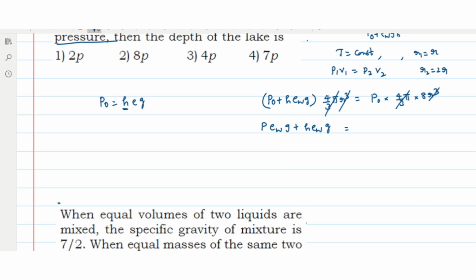Again substitute the atmospheric pressure as P centimeters of height, P into density of the water into g, into 8. Here, don't substitute the value for mercury. Since water is given, the barometer contains water, so that water density you need to substitute. Here g cancels on both sides, and the density of the water also cancels on both sides.